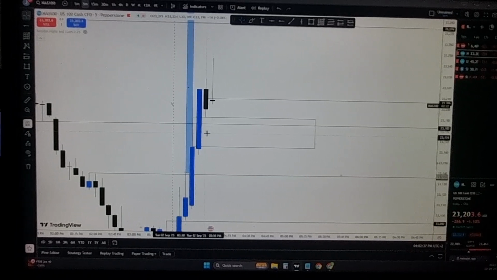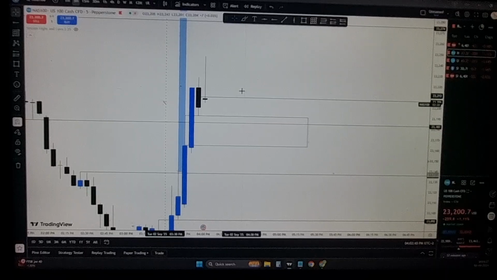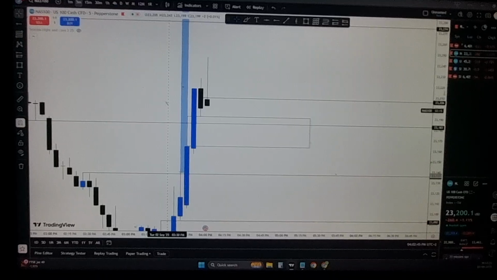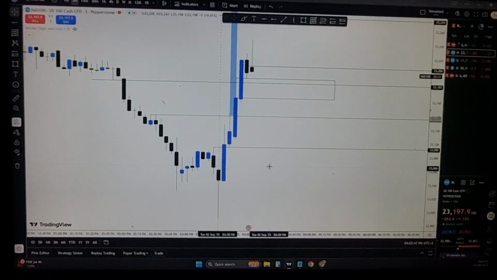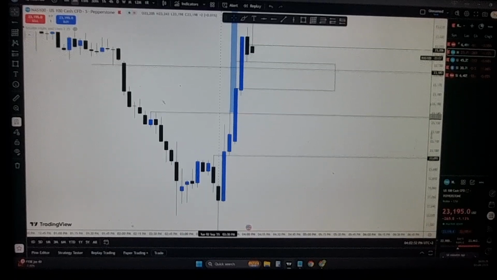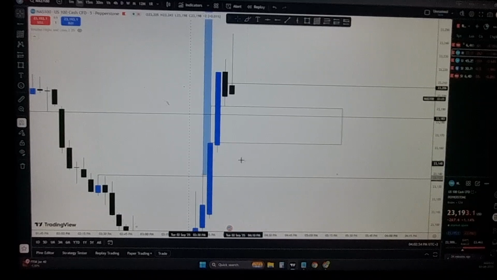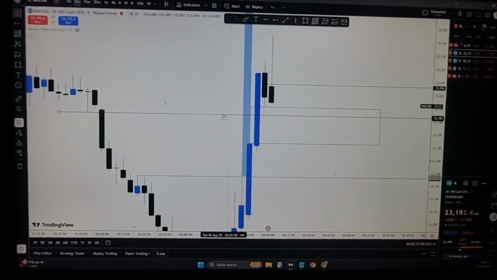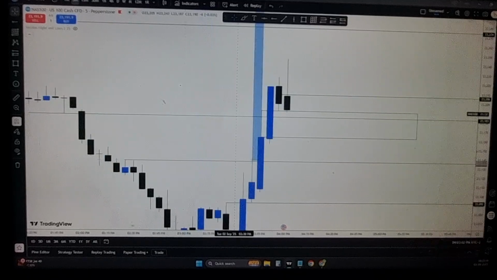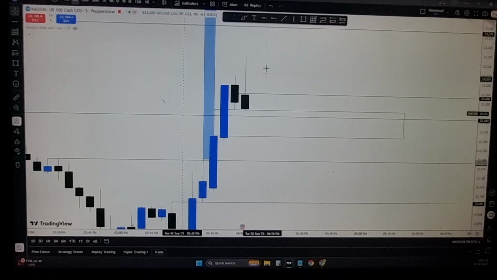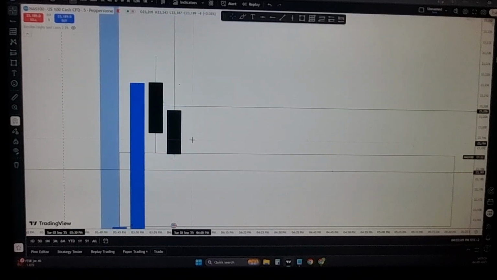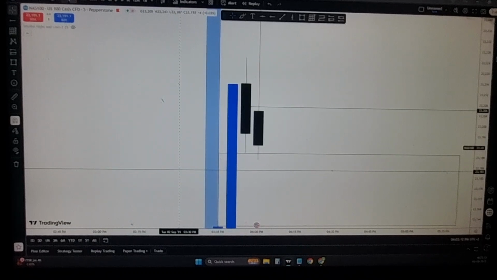We're gonna enter here, having a 1 minute break afterwards, and we're gonna enter. Okay, we just entered in this fair value gap.